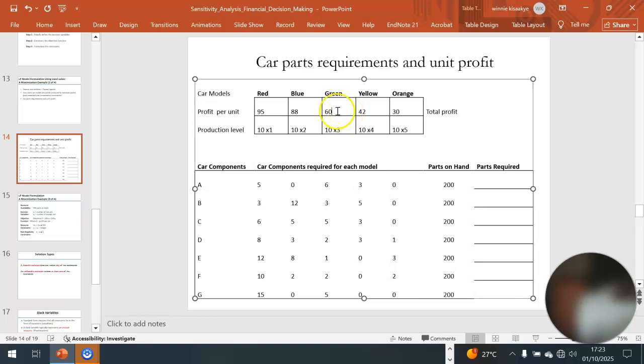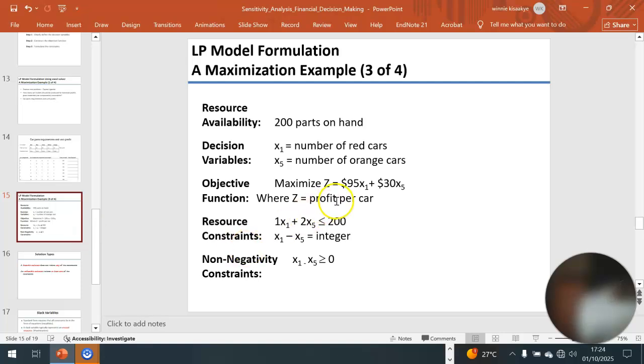The profit per unit of green cars times x3, which is 10. In this case, we just borrowed a sample of red and a sample of yellow to mean that we have to cover each and everything from red to orange, okay?